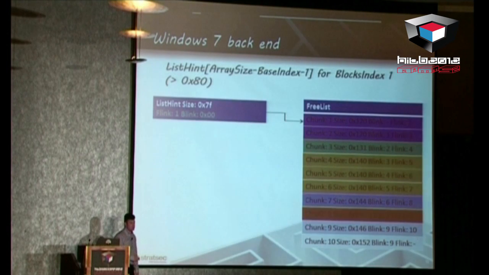So what happens if there's a size greater than 1024, though? There used to be free list 0 where you could insert the chunks. Nowadays it's in the list hint bucket -1, I believe, and it's in the first blocks index, of which there are 2 blocks indexes. Let me rephrase.